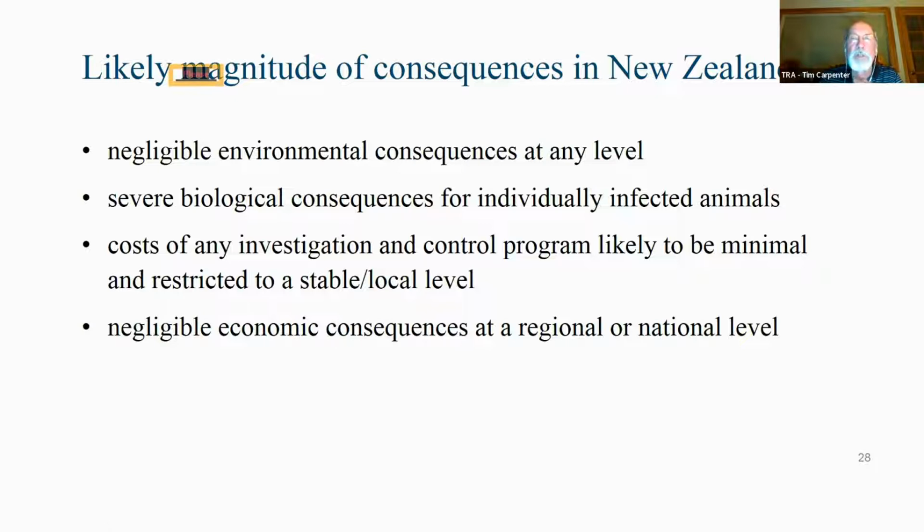If for some reason the animal were shipped outside of its local region, it could go to a regional level or a national level, or if a veterinarian traveled a far distance without correctly decontaminating his or her equipment, then it could spread to a larger level. But more commonly, it's going to spread in that latter form from the local farm to the regional up to the national level, potentially.